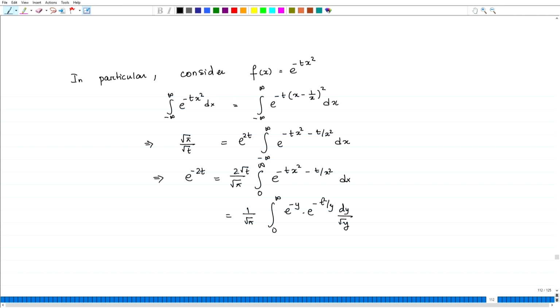Just with a change of variable, if you are taking t x square equal to y, and let t be equal to pi mod x, then what we have is that e to the power minus 2 pi mod x is equal to 1 by square root of pi, the integral from 0 to infinity of e to the power minus y, and then e to the power minus pi square mod x square by y, dy by square root of y. Now, we want to take the Fourier transform of that, as you can see.